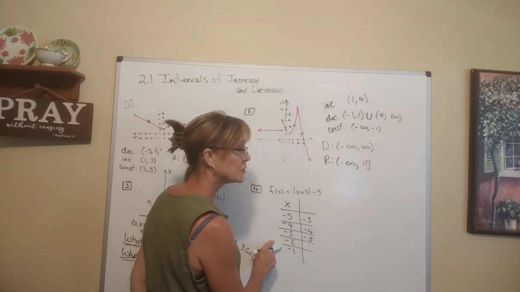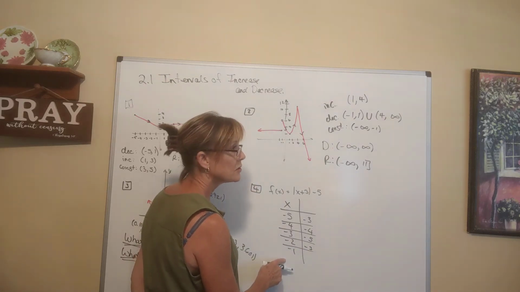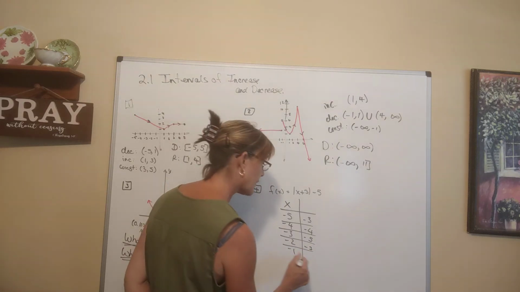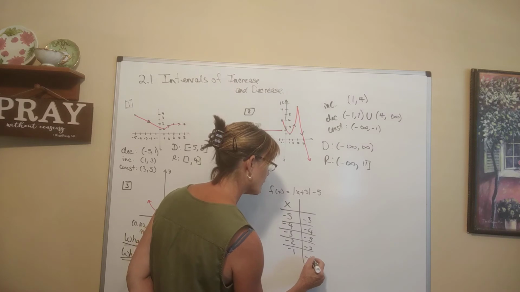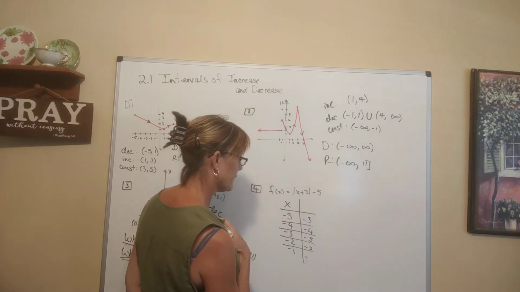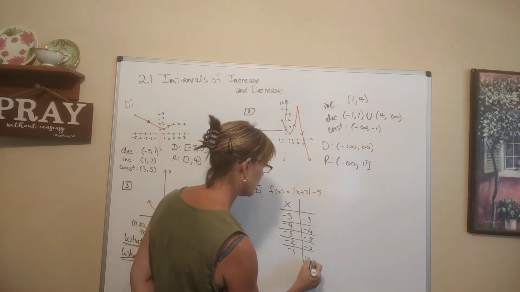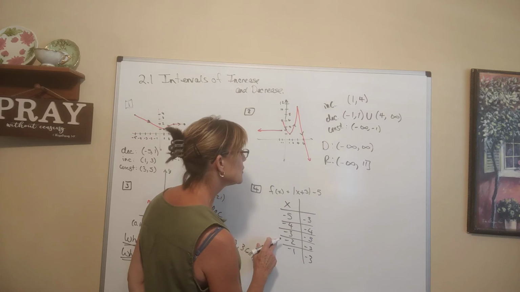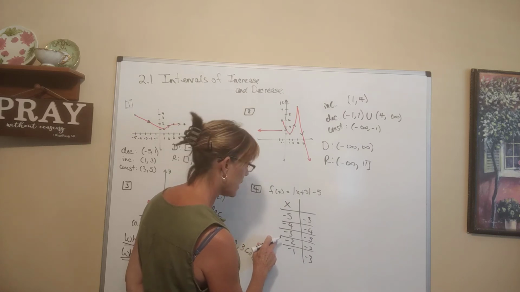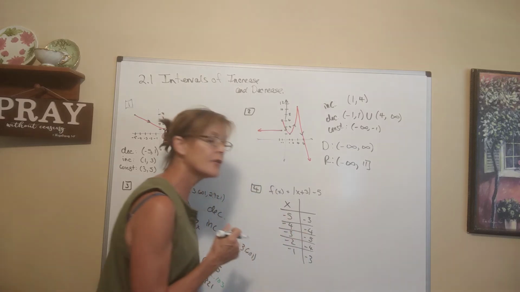The absolute value is 1. Minus 5 is -4. Did I do something wrong here? Oh, -2 plus 3 is 1, and 1 minus 5 is -4. That's what went wrong there. Okay, now I have a few points.